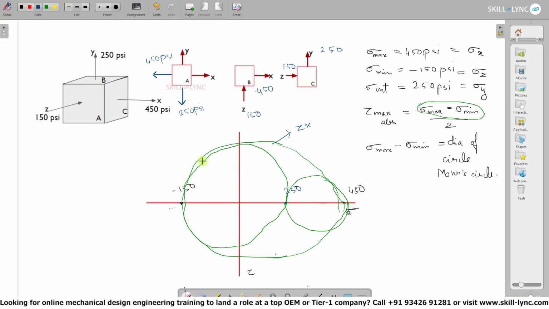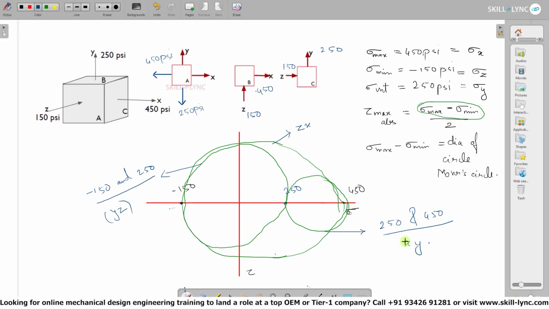Now, this circle is governed by minus 150 and 250. So therefore, this circle is the Mohr circle given for the plane YZ. And the same way, this circle is governed by the points 250 and 450. Therefore, this circle is governed by the XY plane.